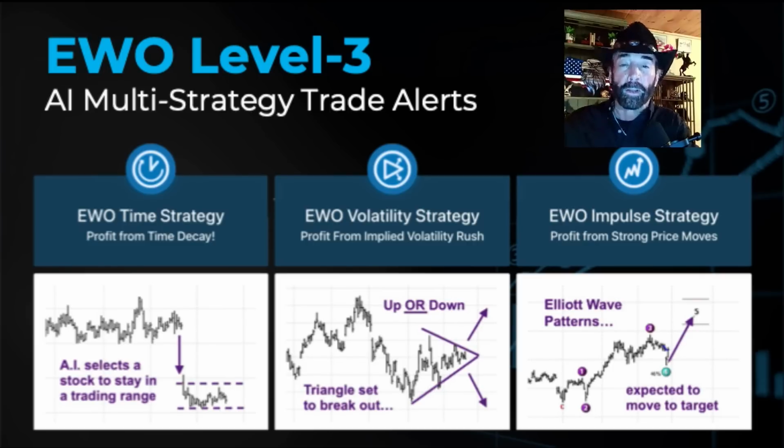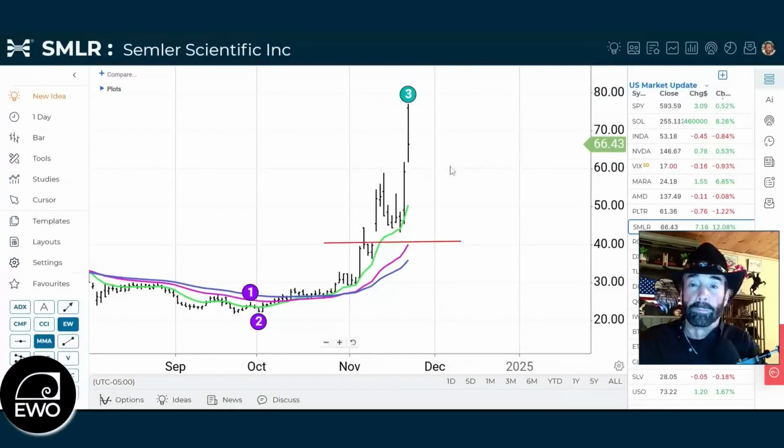So let's take a look at SMLR. And you nailed it. The person that asked about it, big move up yesterday, follow through today, massive breakout. But now you know what I'm going to say. Now we're a little bit overbought. You can see the high of the day was up here right after the open, and we're trading down here at the close on Thursday.